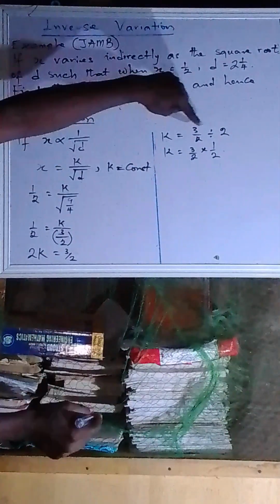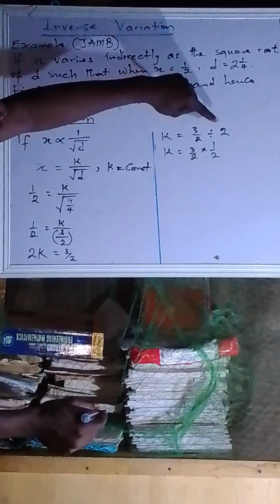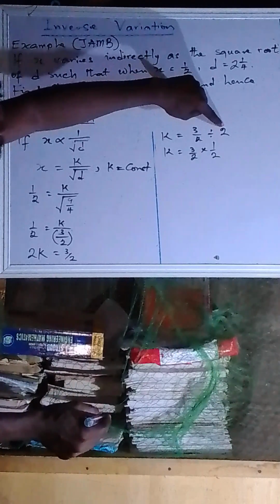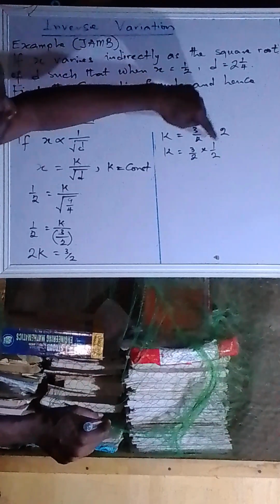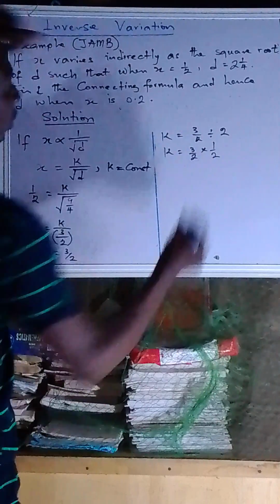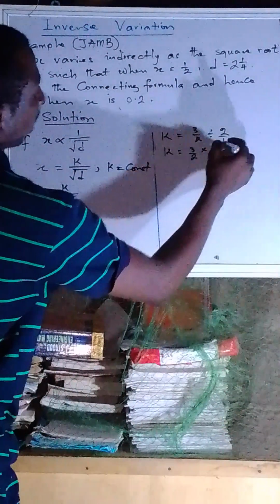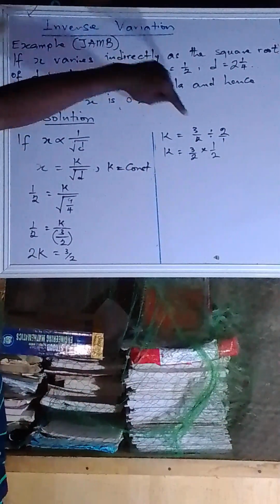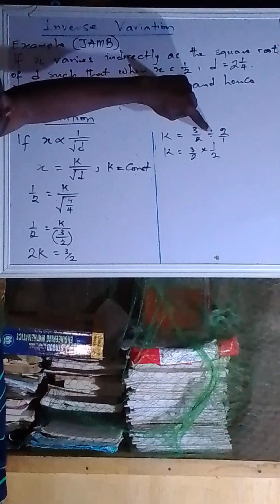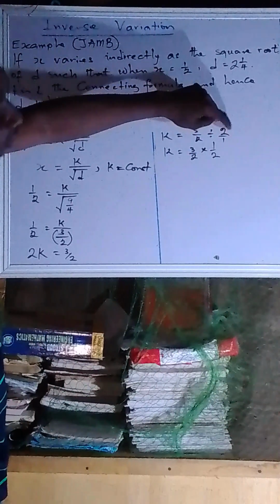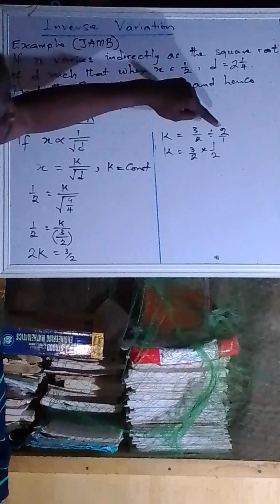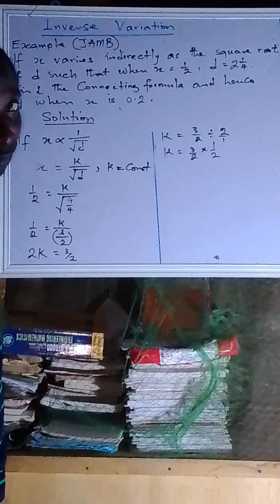I've changed this division to multiplication. This 2 is 2 over 1, so when changing division to multiplication, we find the reciprocal of the number, which gives us 1 over 2.